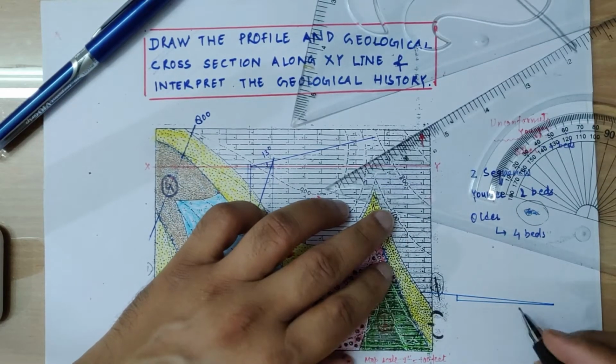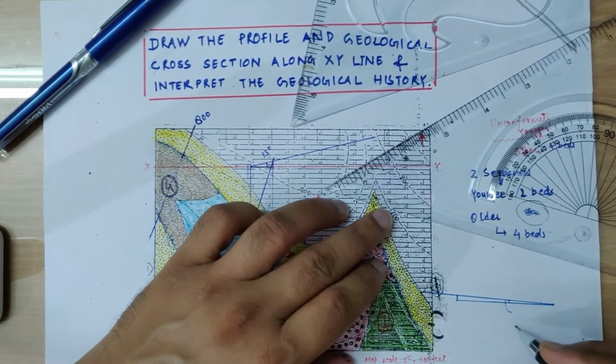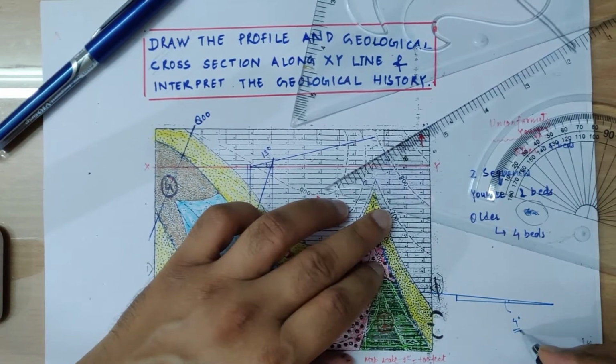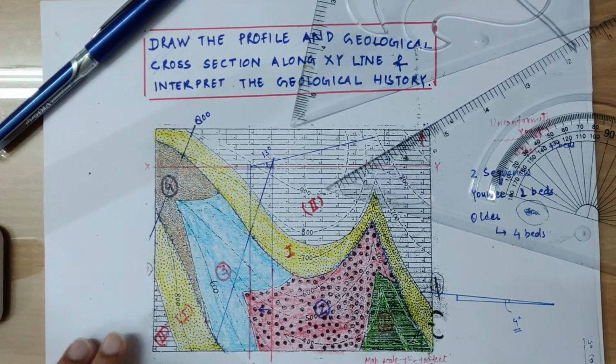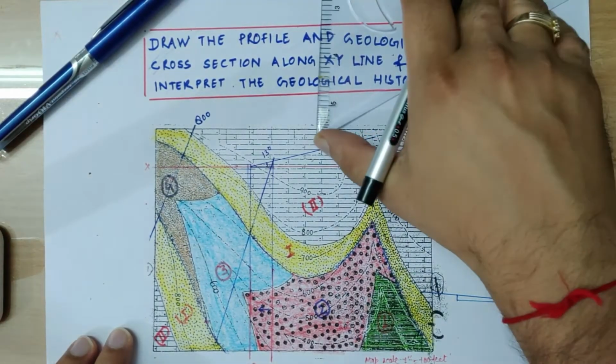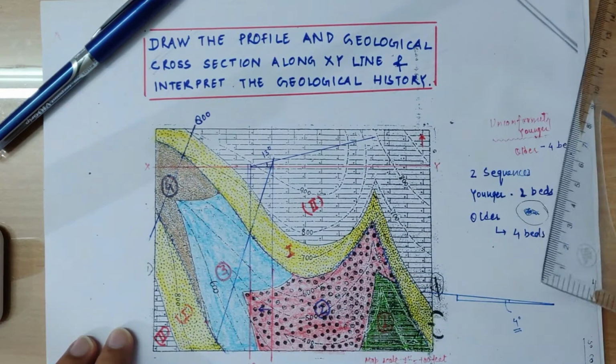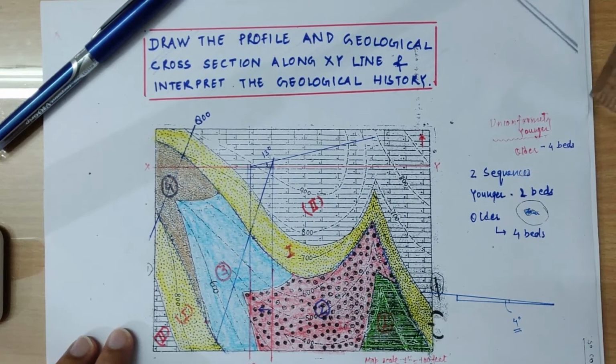So we are going to use 4 degree. So this unconformity plane is dipping with 4 degree amount, and older sequence is dipping with 13 degrees. So older sequence are more deformed, they are steeply dipping, and younger sequence is gently dipping.